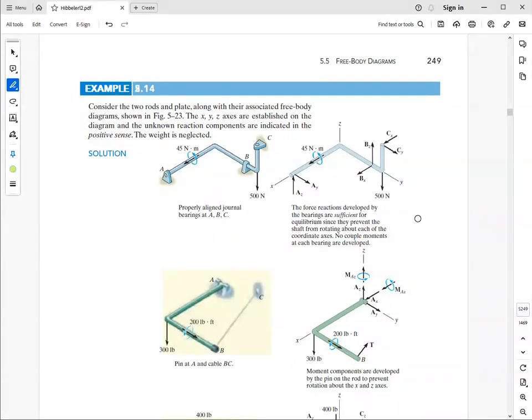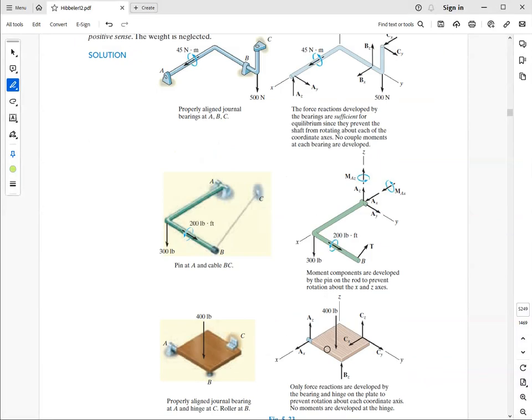So the free body diagram is represented in this figure. And then if we have a cable, you introduce the tension on the cable. This is like a hinge, so we have no moment about the y-axis as shown, all forces shown, and no moments about the transverse axes z and x, that is.